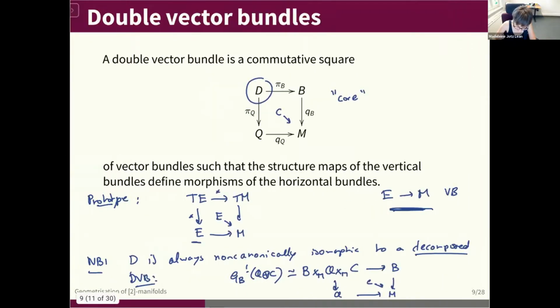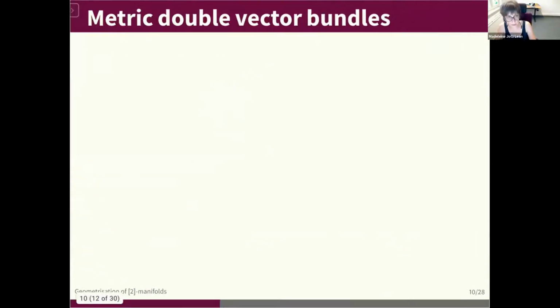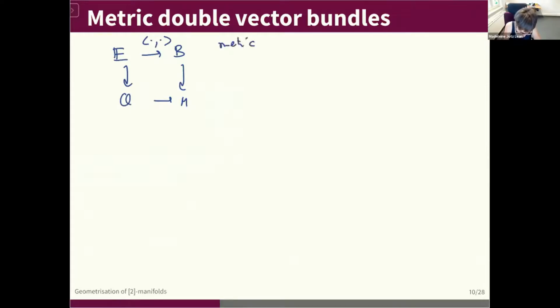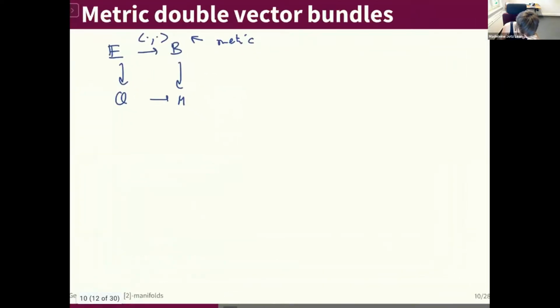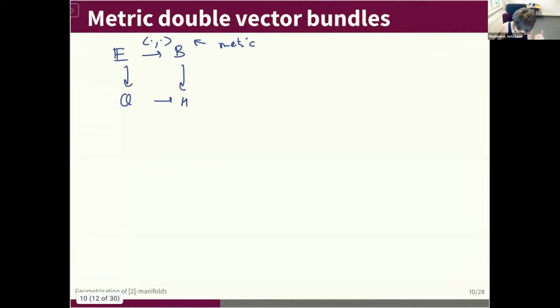Okay. So then we're going to equip those double vector bundles with a metric. So the D we're going to call E, again with sides B, Q, M, and we're going to put a metric on this vector bundle, so a non-degenerate symmetric pairing. And we're going to ask for this metric to be linear. So I'm not going to define intrinsically what it means to be linear.